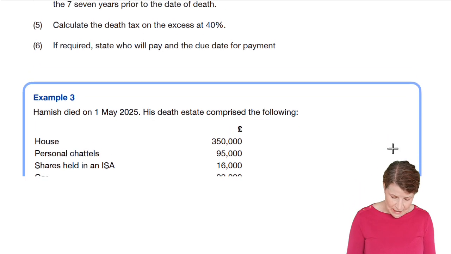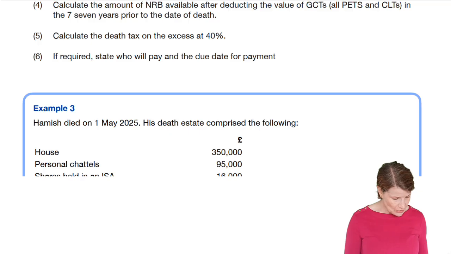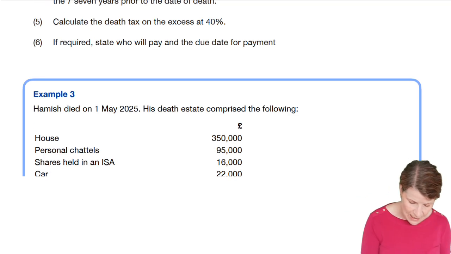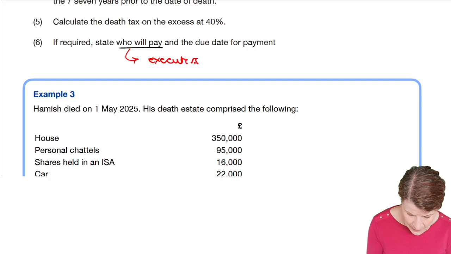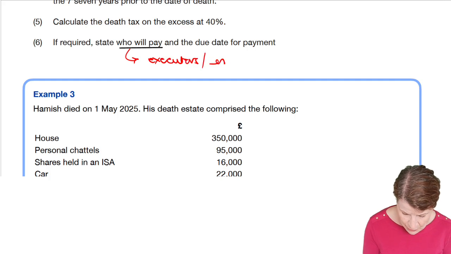Now, if required, say, state who will pay and the due date for payment. Now, who will pay on the death estate is your executors, or sometimes known as personal representatives.